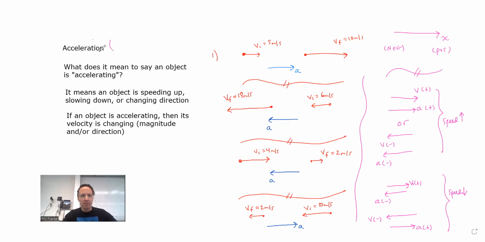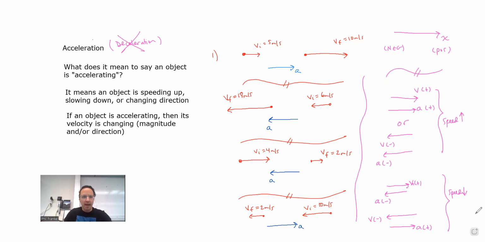So let's use the term acceleration to mean either speeding up or slowing down or changing direction. We'll get there in a minute. And we'll never use the term deceleration. It's forbidden to use it. We'll avoid using it because it just adds confusion.